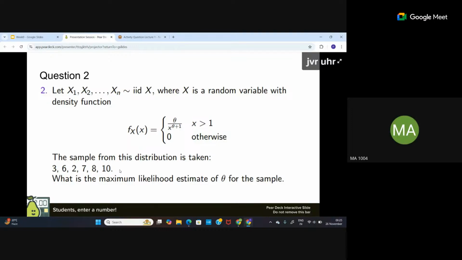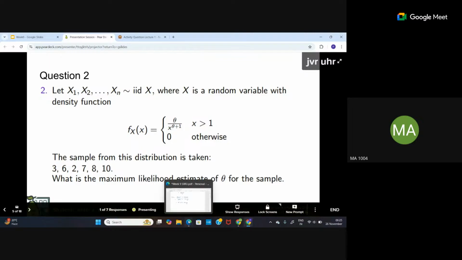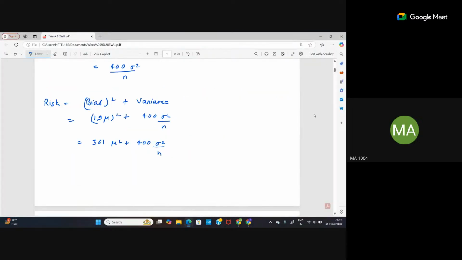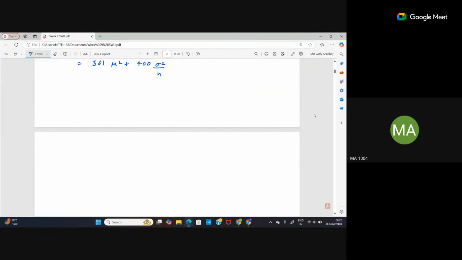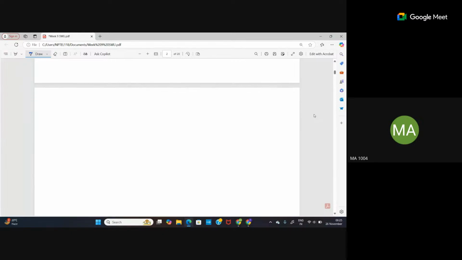What we do in maximum likelihood estimate: our objective is to maximize the likelihood function. First we find the likelihood function, which is the product of the PDFs for the given random variables.